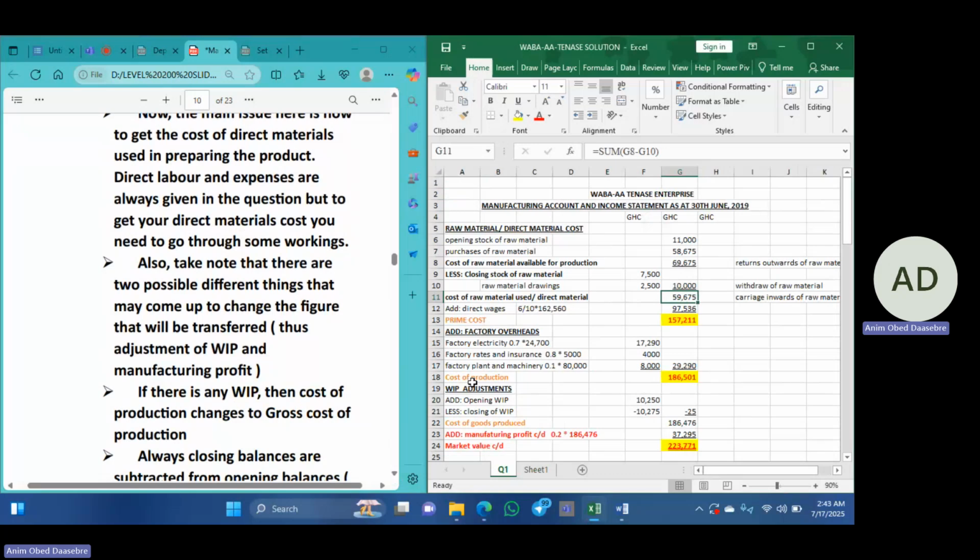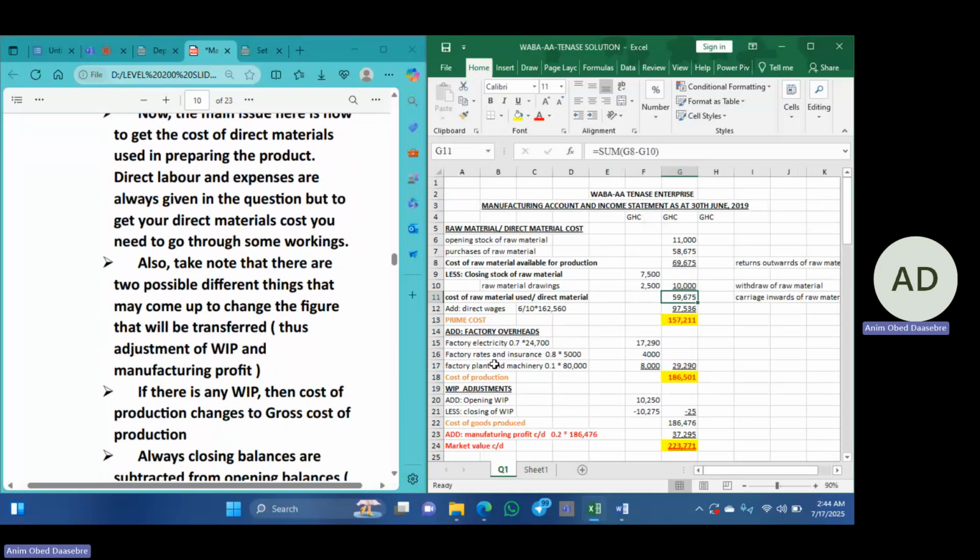So basically this is how we are going to see. After you have gotten the prime cost, you add factory overheads. And the factory overheads are the indirect costs incurred in the factory.